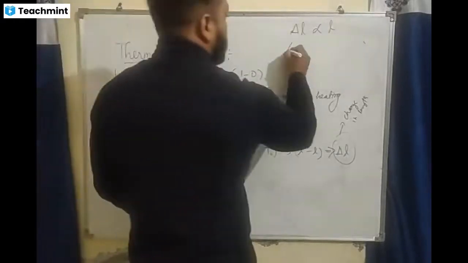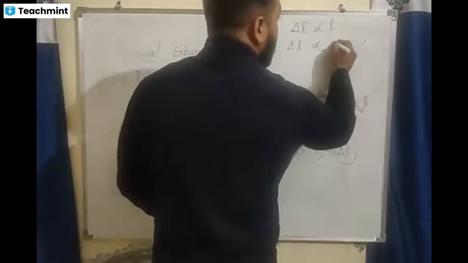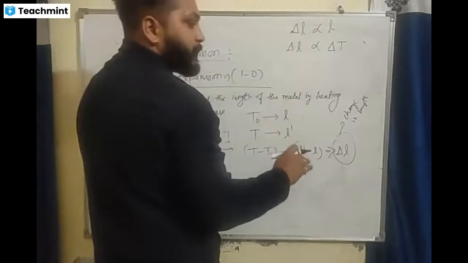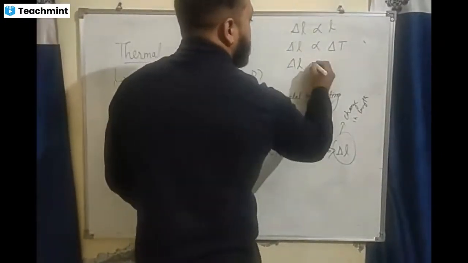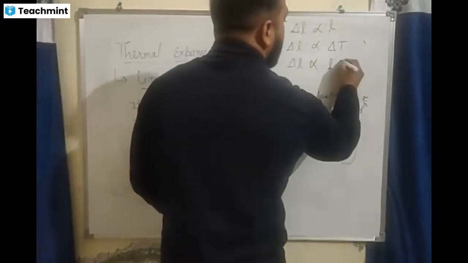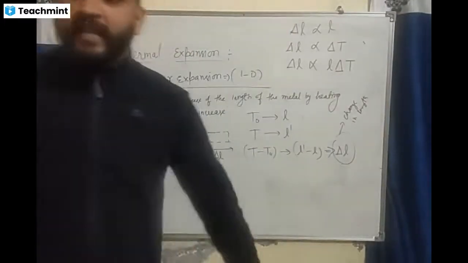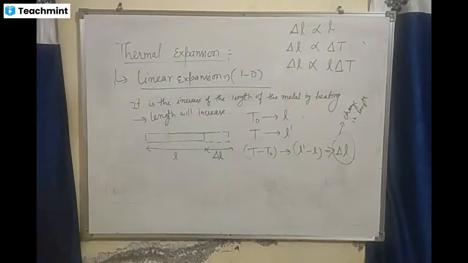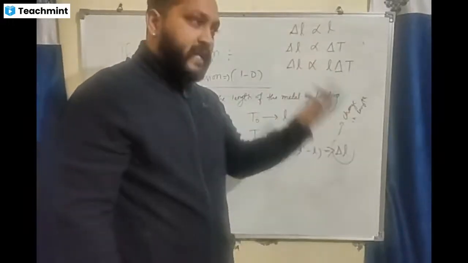And this change in length is also directly proportional to the change in temperature, that is delta T. If you combine both relationships, delta L is directly proportional to L into delta T. This change in length depends on the original length of the rod and also on the amount of temperature change.